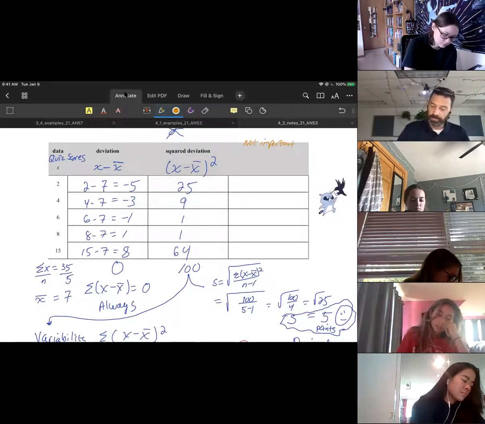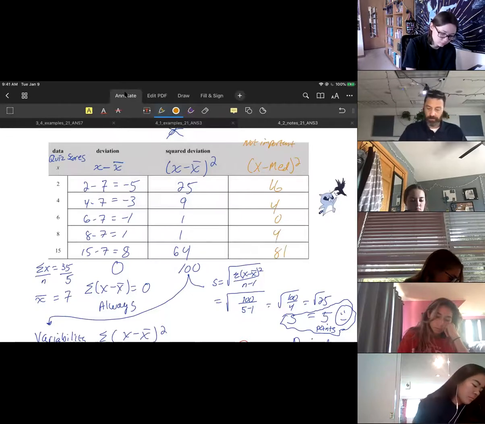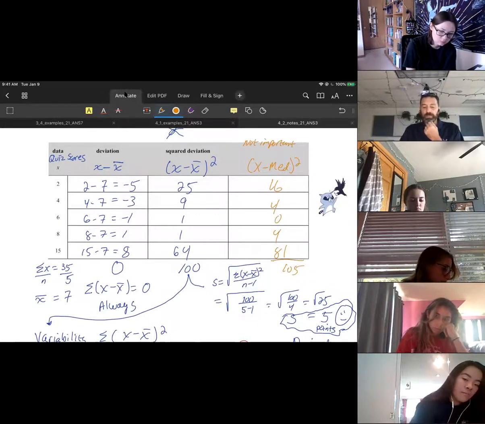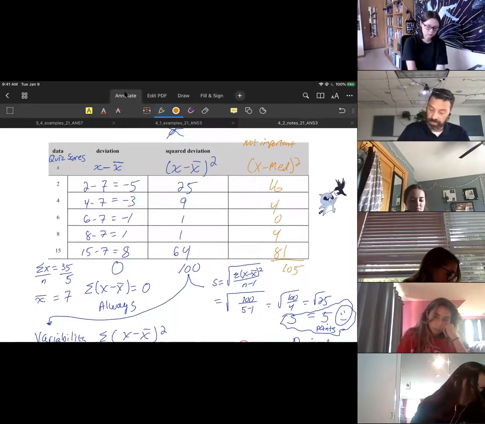There are some people that do x minus median squared. Okay, that would be 16, 4, 0, 4, and 81. Okay, that's 105. One of the reasons why we use the squared deviation, that thing there, is no matter what process you use, this number here will always be a minimum.